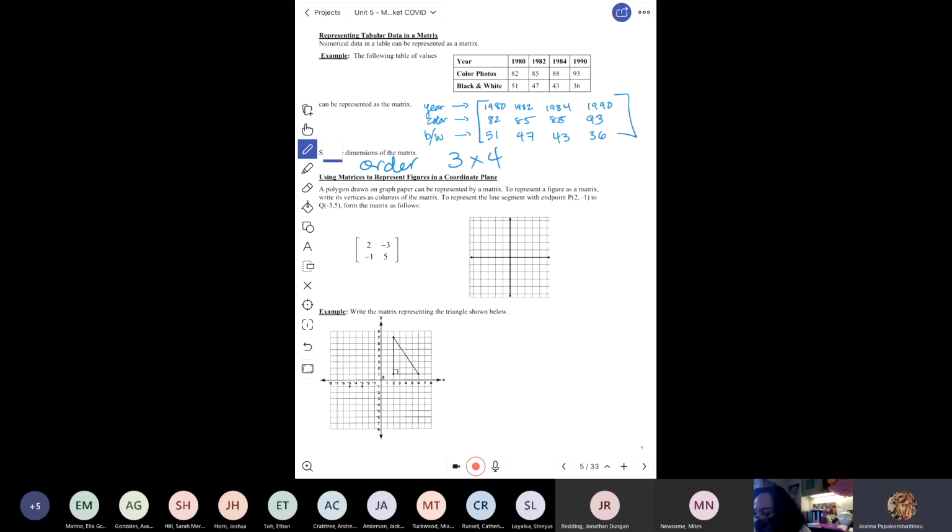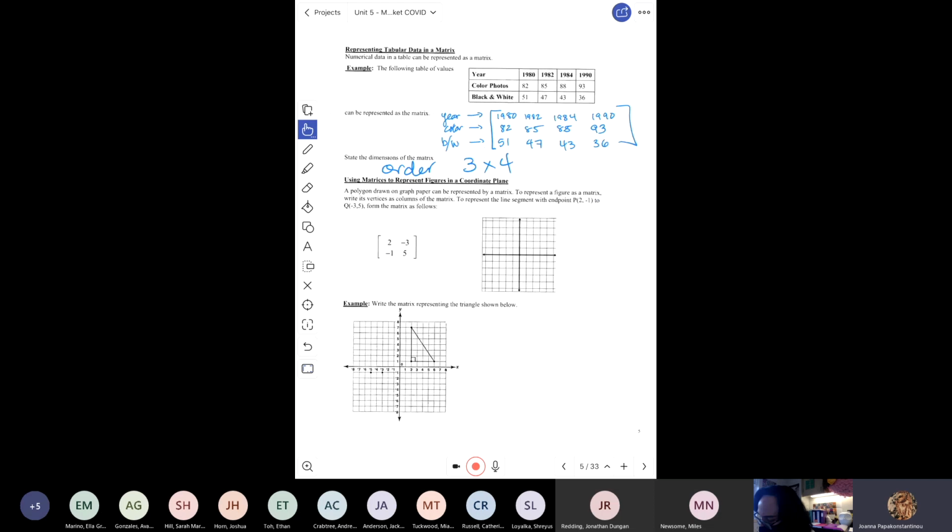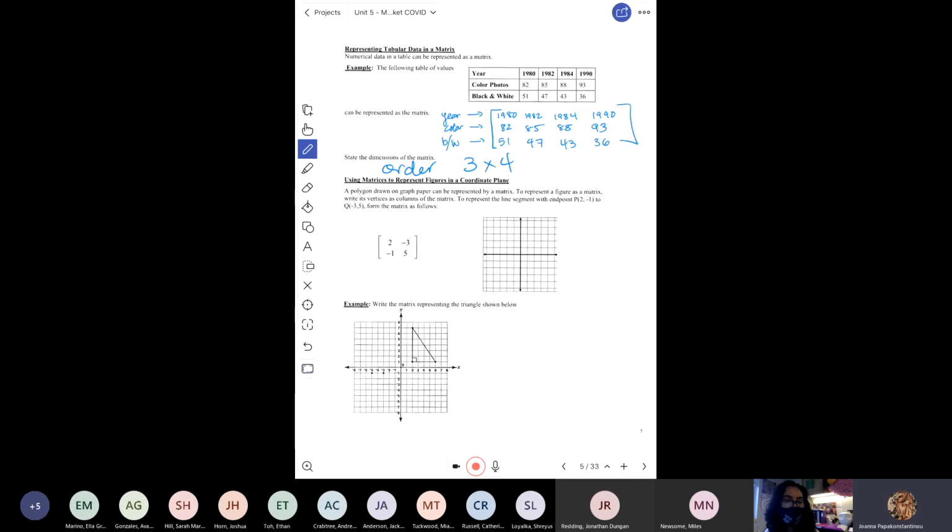Now, I can also use matrices to represent figures in the Cartesian plane, in the coordinate plane. So if I wanted to take this data, I could plot points that are represented by this information, connect the vertices, and represent line segments from each point, and then state the figure.